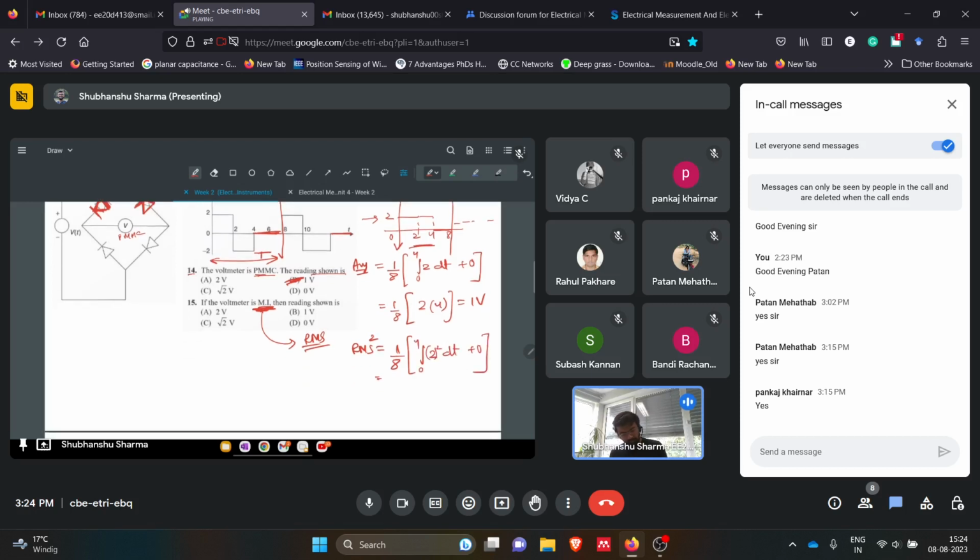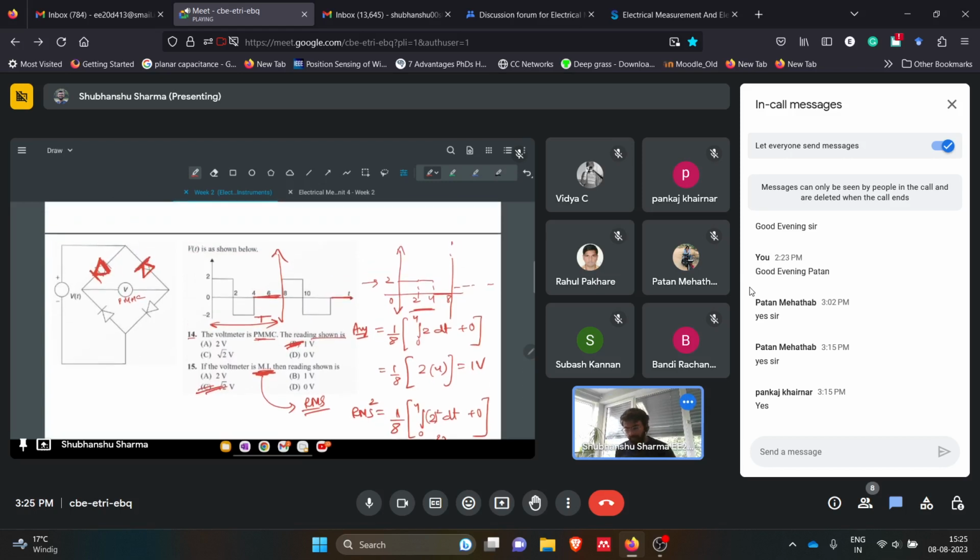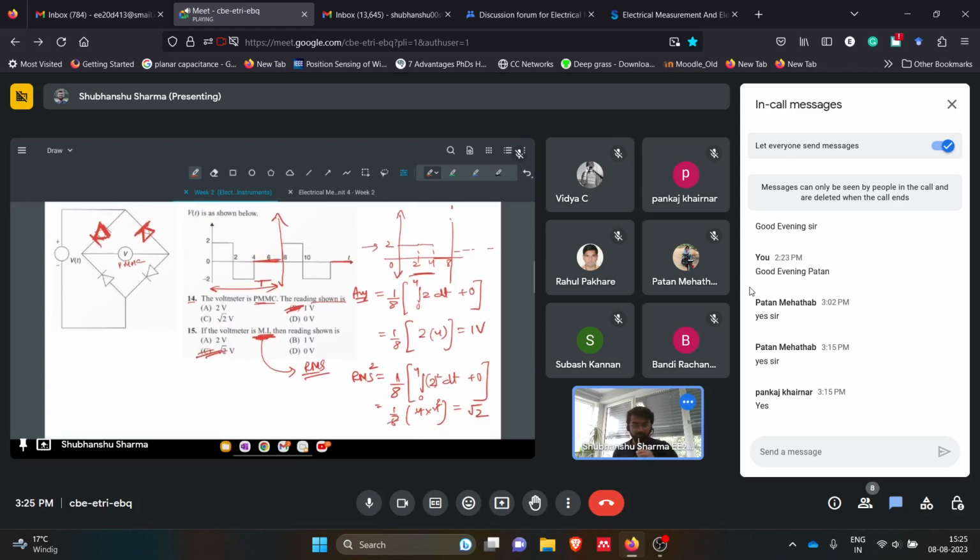So this will be 1 by 8, 4 into 4, which is 2. So this will be root 2. We'll have this as the answer. Simple. Any doubts in this question? No, sir. Okay, so we'll move to the next question.